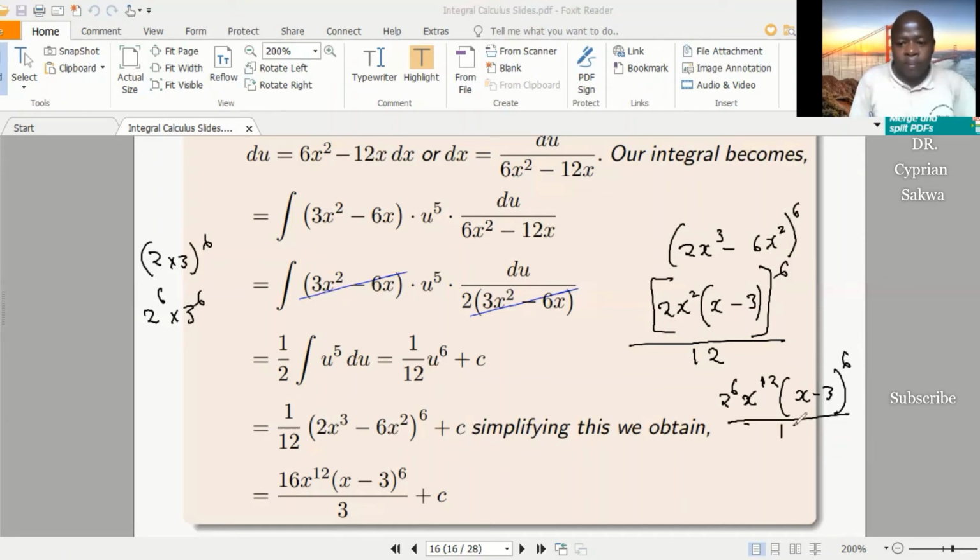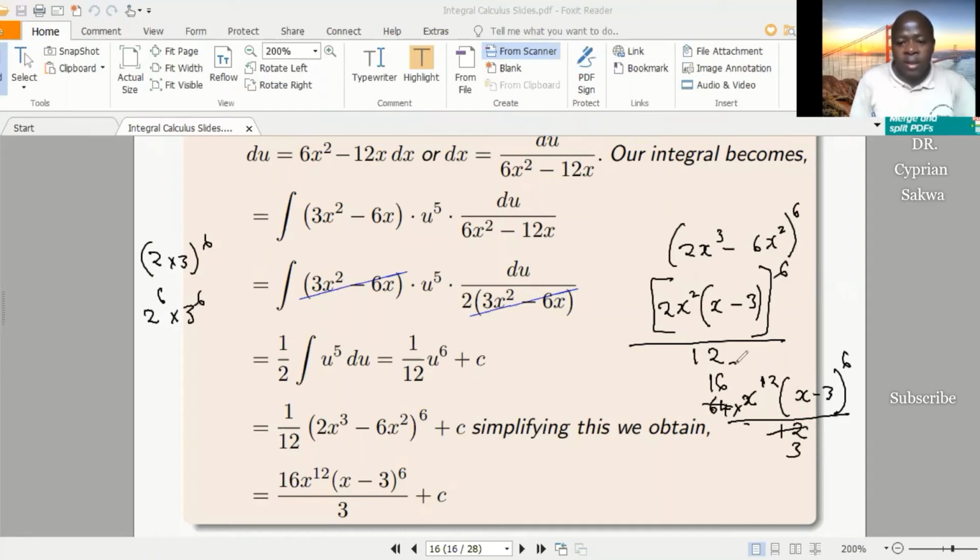Out of 12. And 2 raised to 6 is 64. So what is 64 out of 12? Let me just write this as 64 over 12. We know that 4 goes into 64 16 times, and 4 goes into 12 3 times.